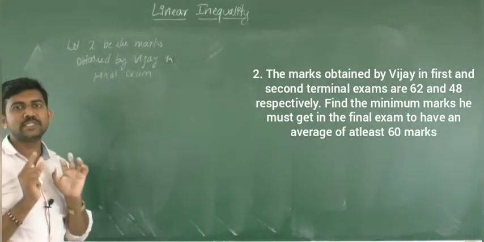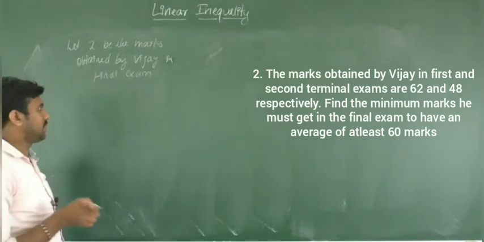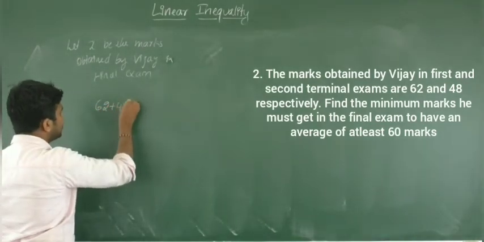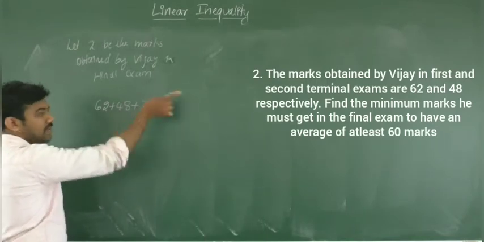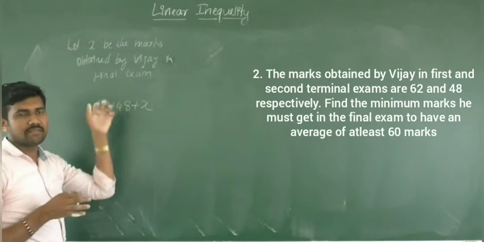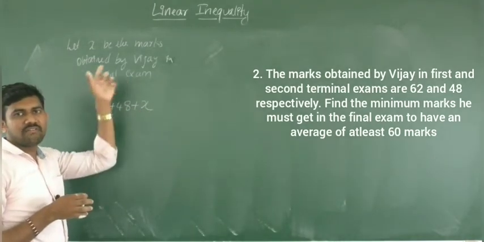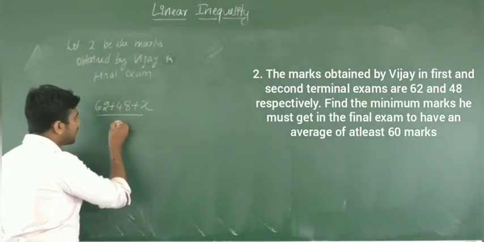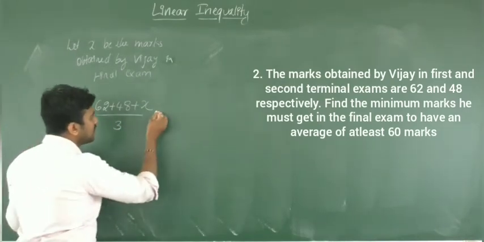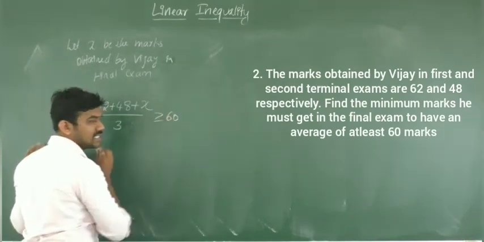According to the condition, the average of marks is at least 60. So that is nothing but (62 plus 48 plus x) divided by 3. 62 is the mark of the first terminal exam, 48 is the mark of the second terminal exam, x is the mark of the final exam. It is an average of 3 terms, so divide by 3, and it is minimum 60, means at least 60.